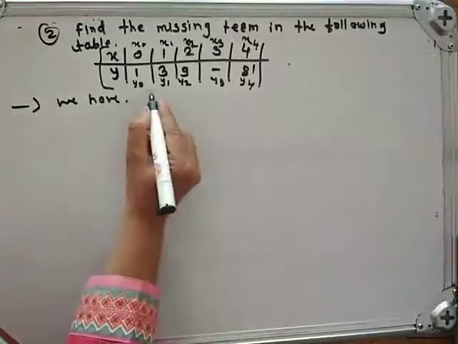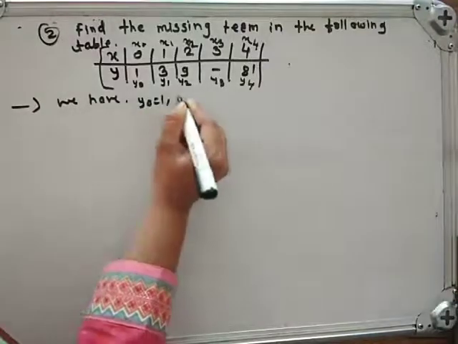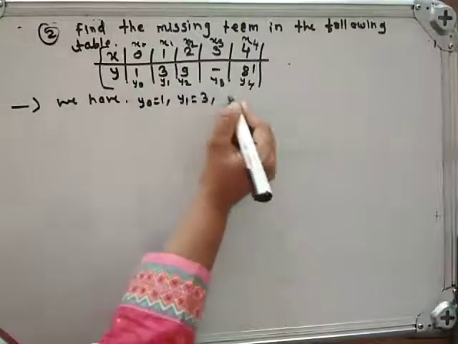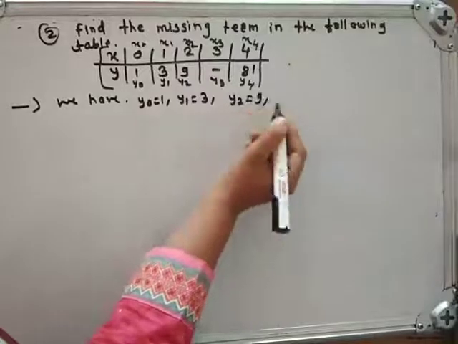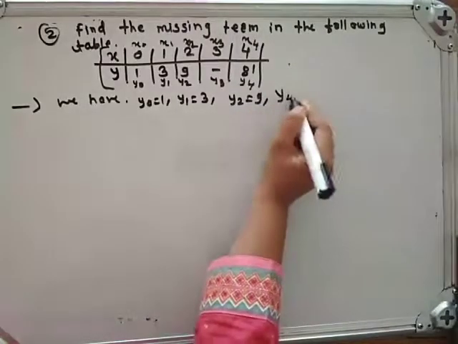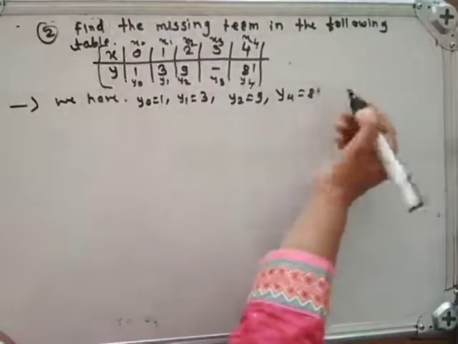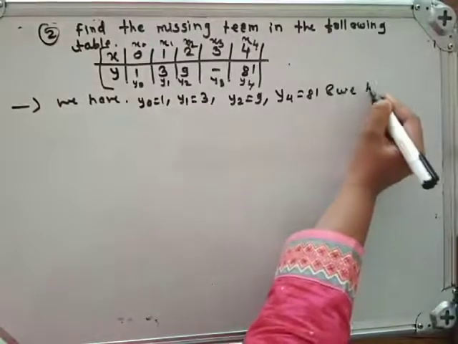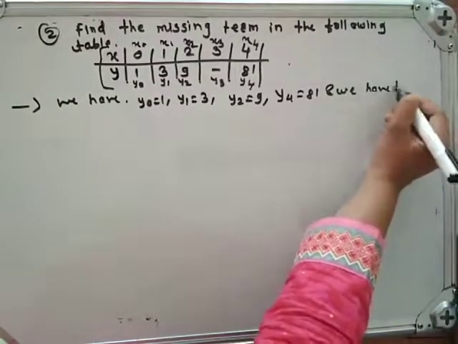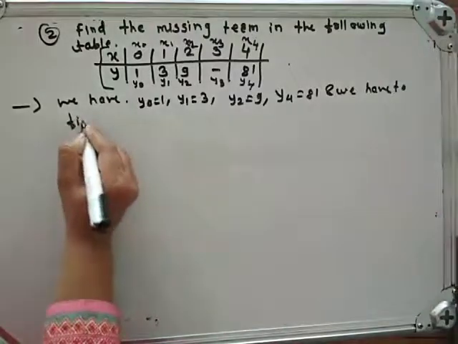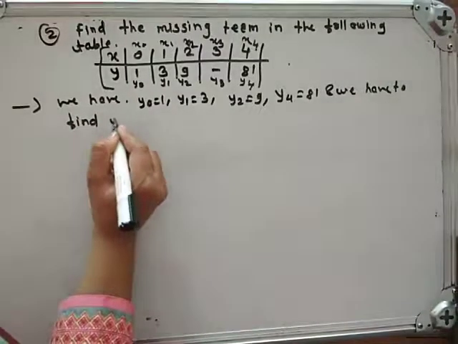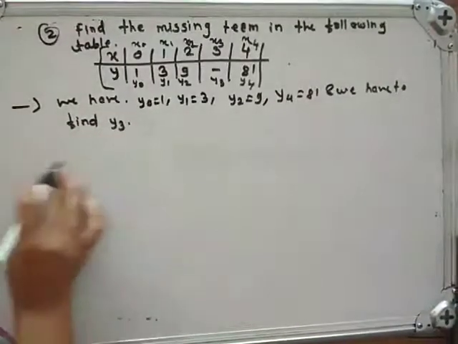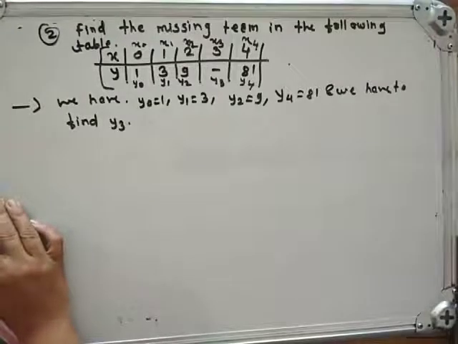Therefore we have here y0 is equal to 1, y1 is equal to 3, y2 is equal to 9, y4 is equal to 81. And we have to find y3.